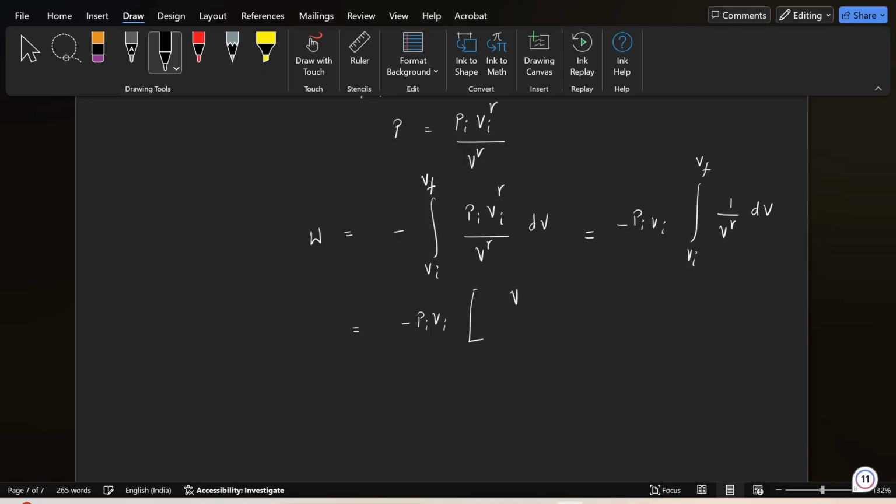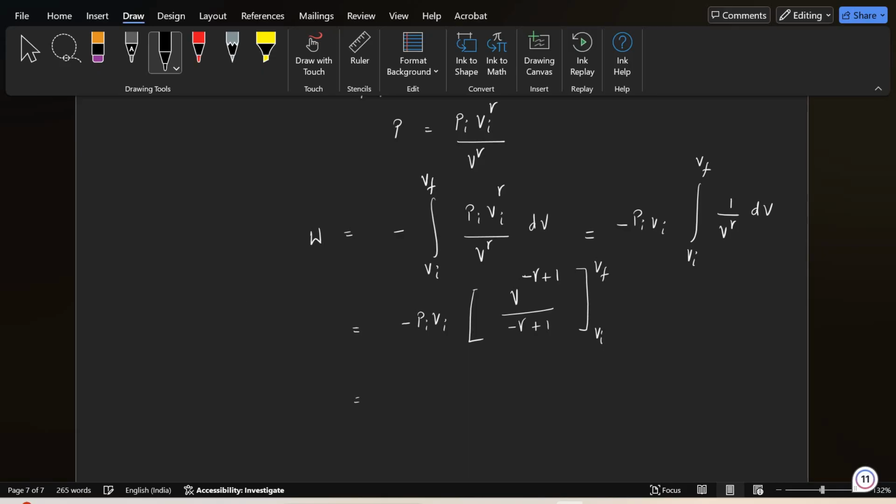It is minus the power plus 1, right? We add 1 to the power. So this is the integral, taken from VI to VF.